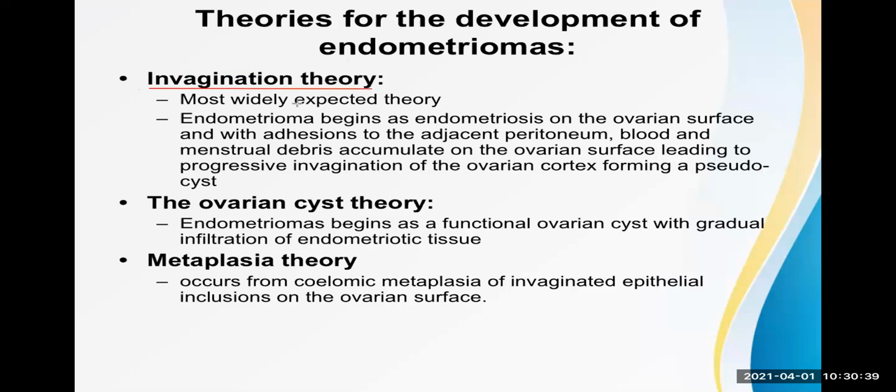This is the most widely accepted theory, and it says endometrioma begins as endometriosis on the ovarian surface first, and with adhesions to the adjacent peritoneum, blood and menstrual debris accumulate on the ovarian surface, which leads to progressive invagination of the ovarian cortex and forms a pseudocyst.